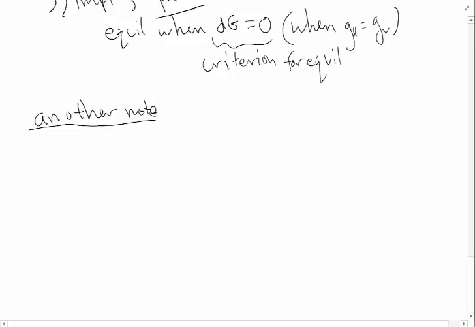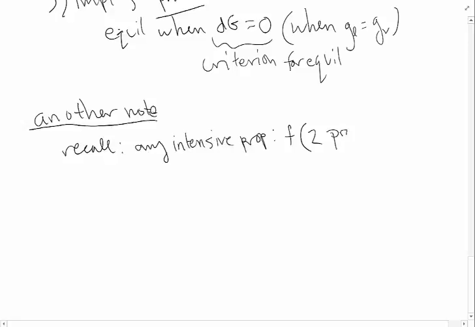All right, so another note. First of all, recall that any intensive property, remember intensive means independent of size, is a function of two properties. Remember, if we look up 2, we can always find all the others.